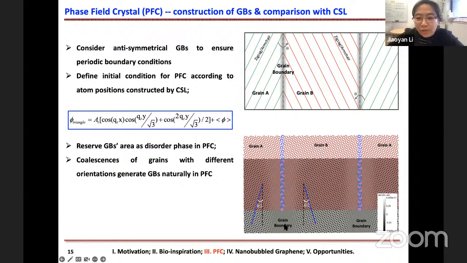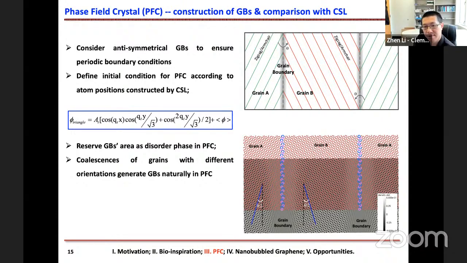For the grain boundary area, we don't know what it is, so we just use 0.5 to represent an amorphous-like state, the amorphous phase. When the system achieves the equilibrium state, it gives us a density distribution, and from there we can extract the atom positions.